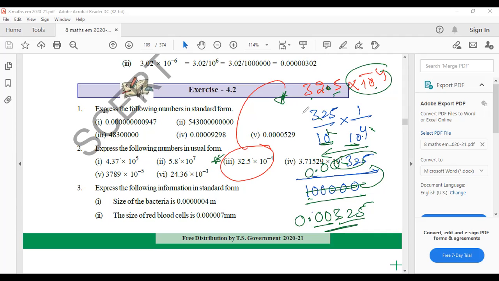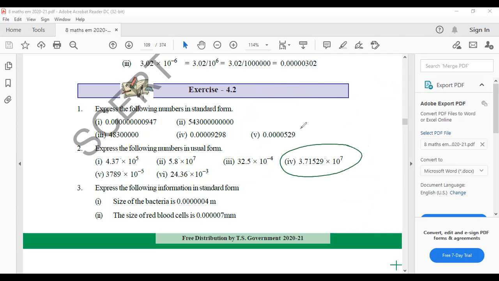Okay. Next, take this question and work on that. 3.71529 into 10 power 7. How many digits are there after the point? 3 plus 2, 5.